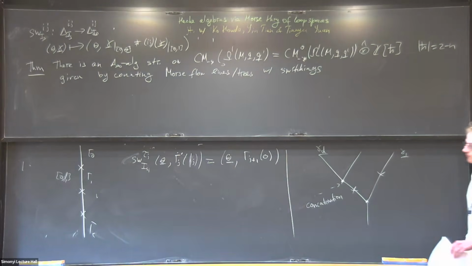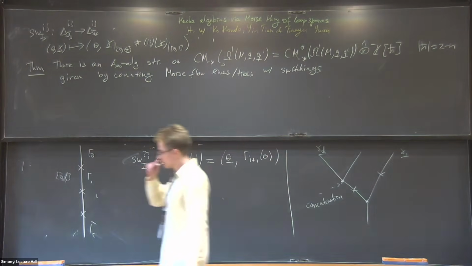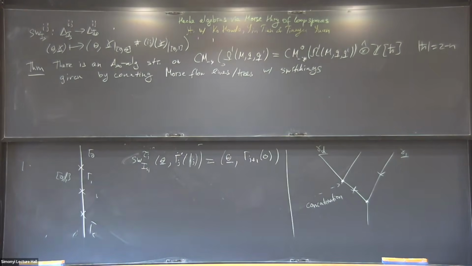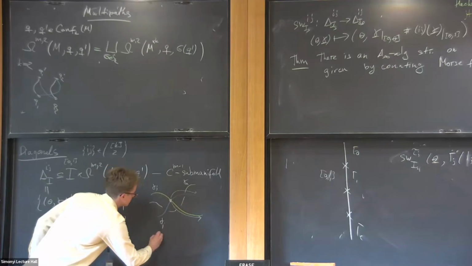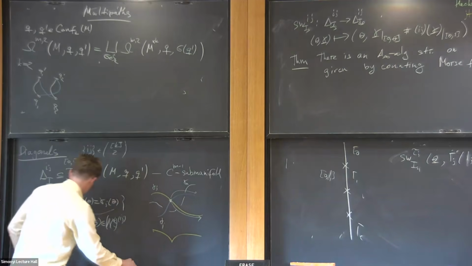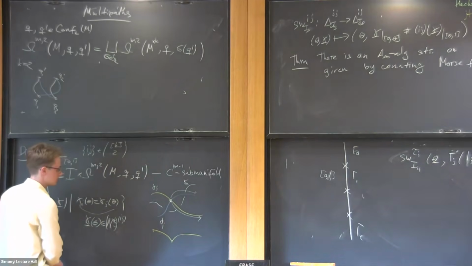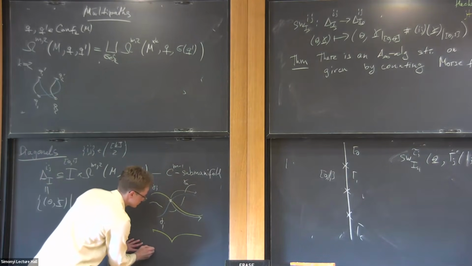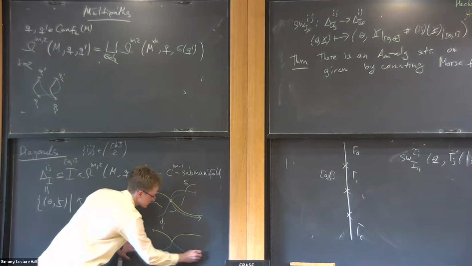What's the geometric nature of the switching map? Yeah, so maybe I should just draw it here. γ_j gets replaced with something like this, and γ_i gets replaced with something like this.